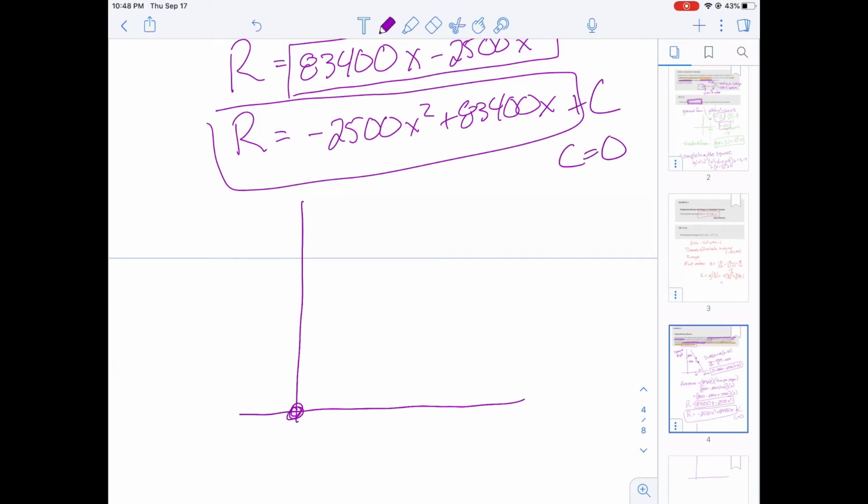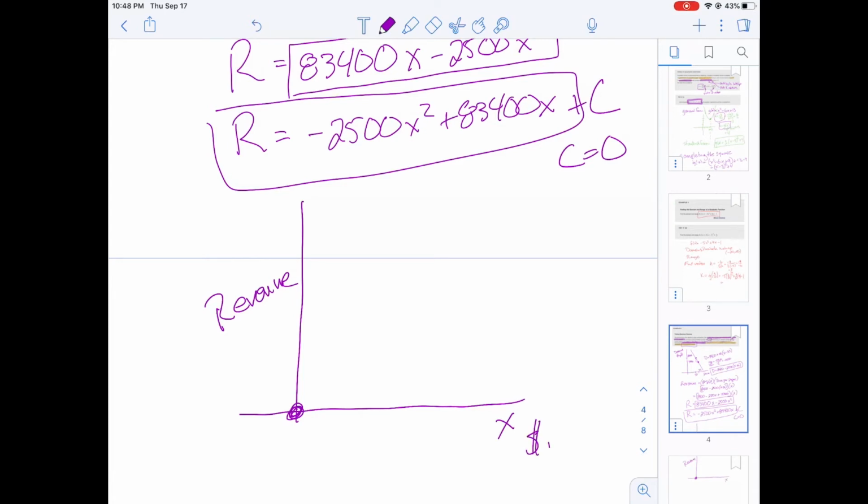And so what's the y-intercept? 0, which means if I set the price at 0, I'm going to sell lots of these newspapers, but my revenue is going to be $0 per newspaper times a lot. It's still $0.